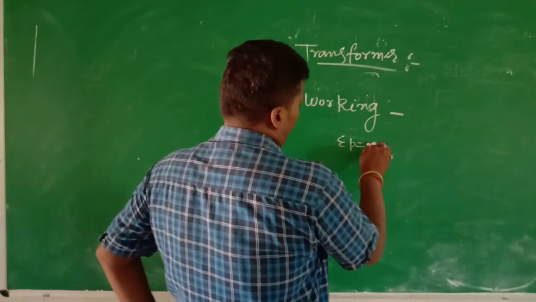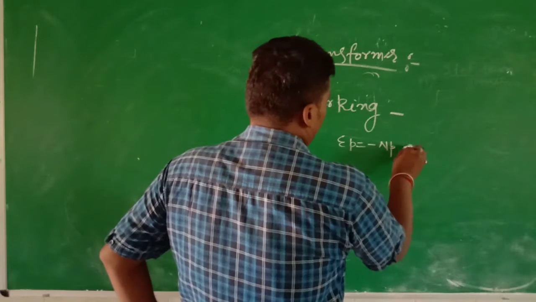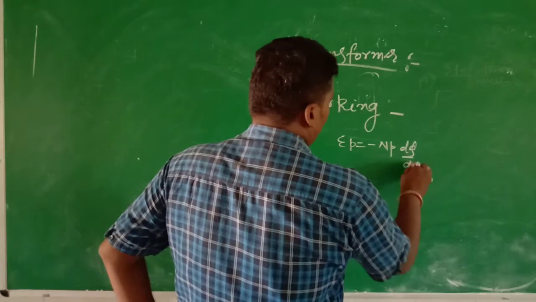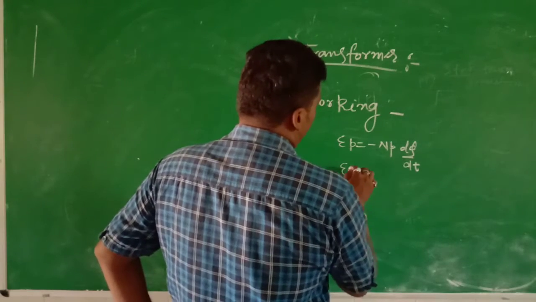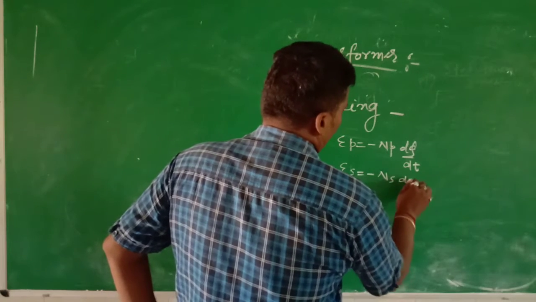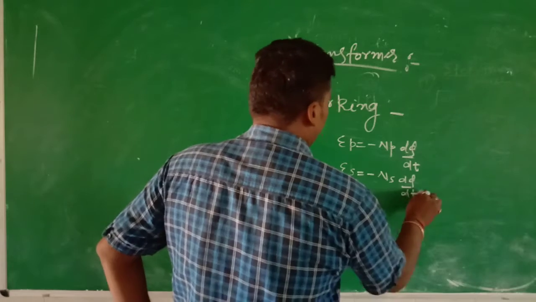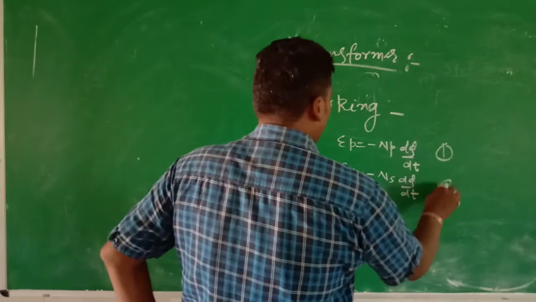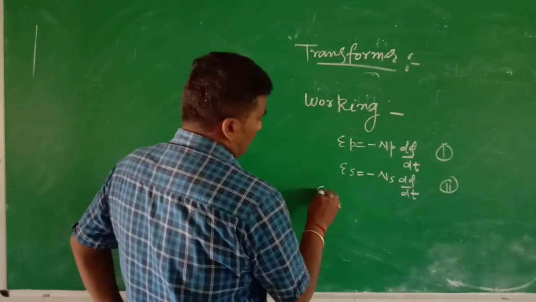EP is equal to minus NP d phi by dt, and ES is equal to minus NS d phi by dt. Equation 1 and equation 2 are divided by each other.